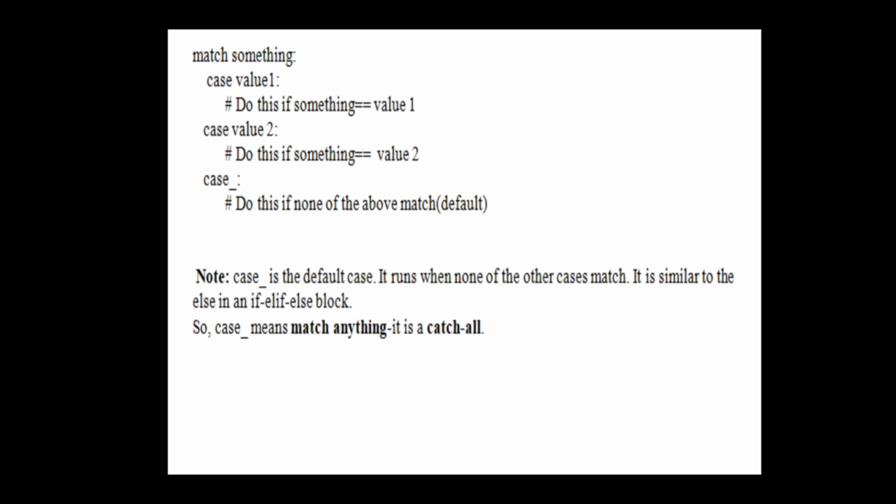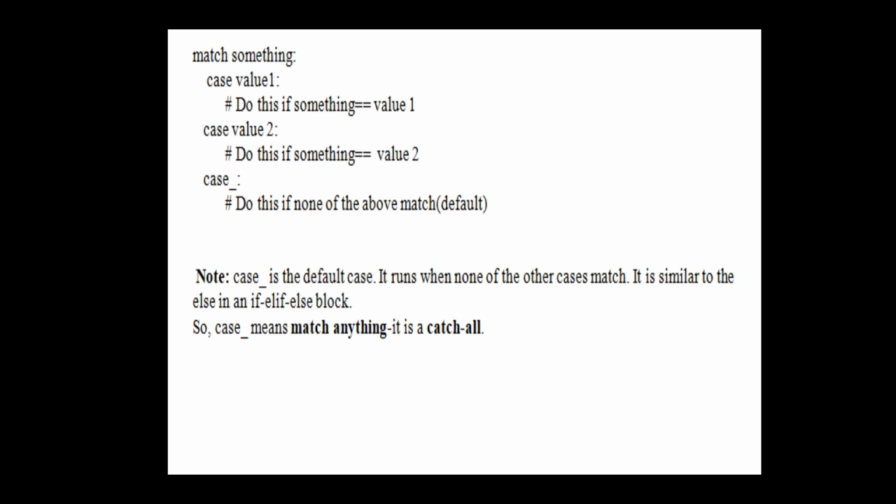We can think of this in this way also. Match something colon, case value 1 colon, do this if something is equal to value 1, case value 2 colon, do this if something is equal to value 2, case underscore colon, do this if none of the above match, and this is by default.